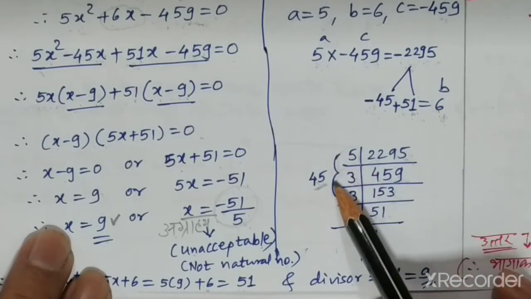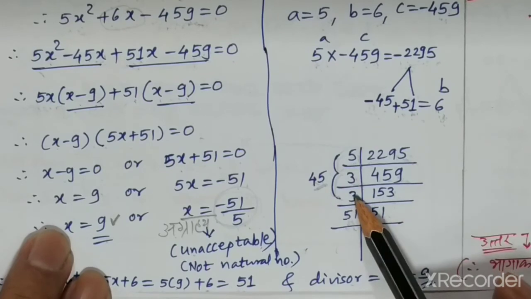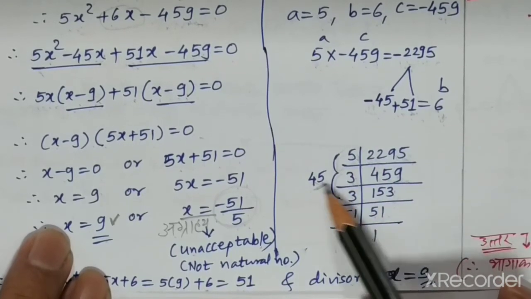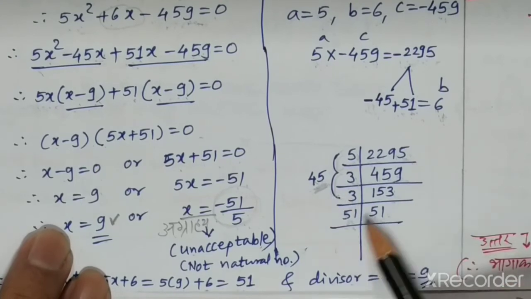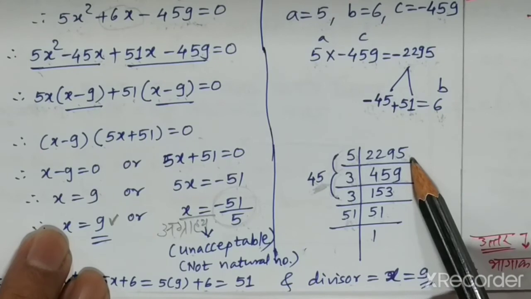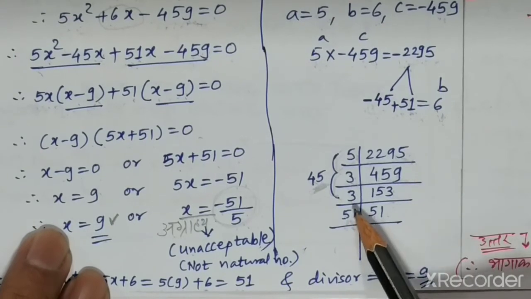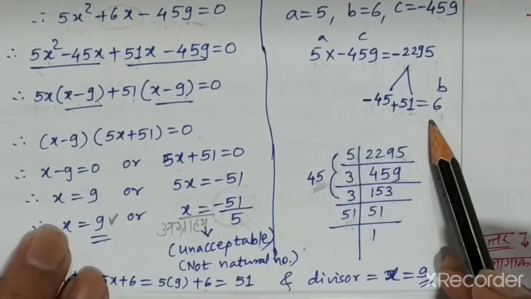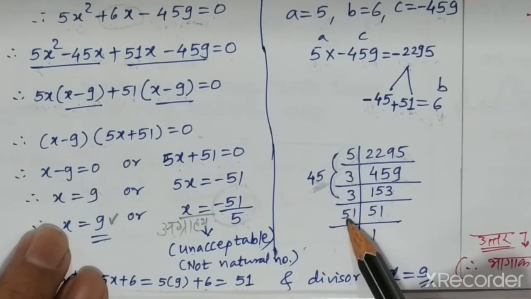Now we will take the product of these three numbers. 5, 3, 3 becomes 45. 5 3s are 15, 15 3s are 45. So 45 into 51. So the product of these two numbers will be 2295, and also the subtraction of these two numbers is 6. So we get the appropriate pair of factors here.